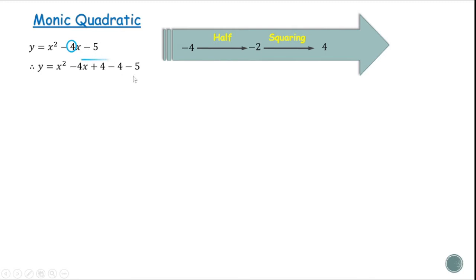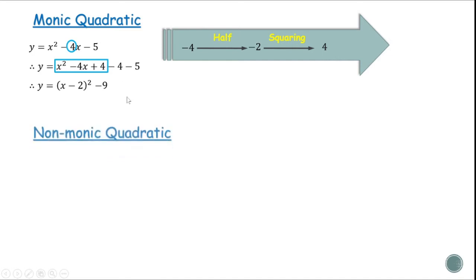So if you now just try to focus on this part, you will realize that this can be written as a perfect square, x minus 2 whole square. And of course, minus 4 and minus 5 will be simplified and written as minus 9. So this is how we can solve the quadratic equation by completing the square method. This was the very simple case of a monic quadratic.